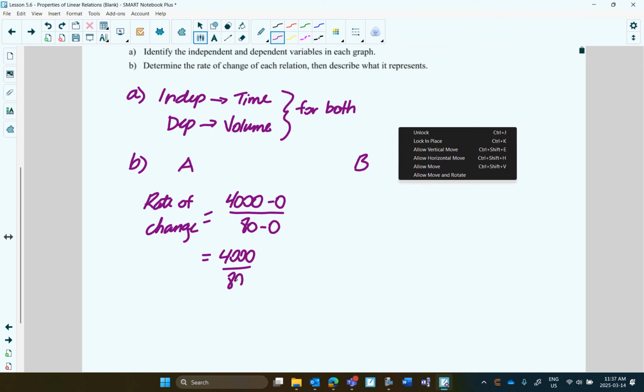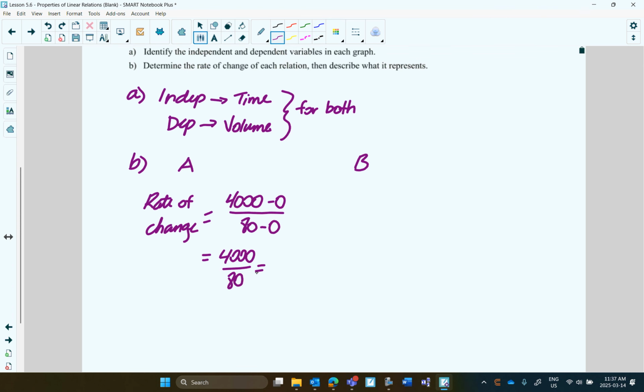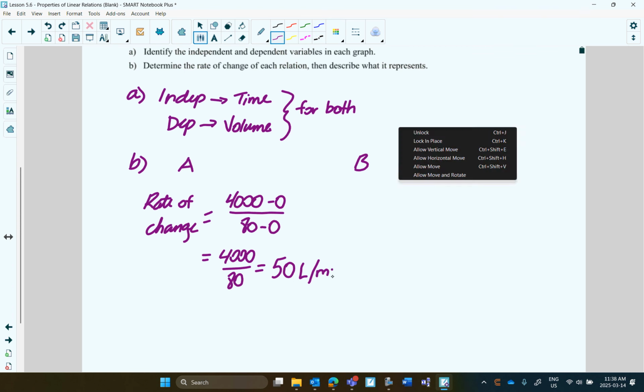That gives me 4,000 over 80, which works out to 50. What are the units? You need both units. Remember, change is a rate. Would it be 50 liters per minute? Exactly. 50, and then whatever the dependent variable is, liters, per one of the independent, or 1 minute.